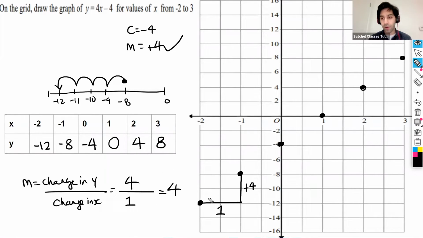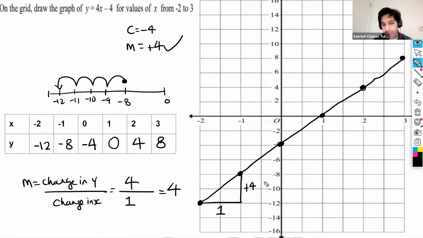So this graph, if I was to then draw a straight line with a ruler, please make sure you use a ruler to join your coordinates. I've done it freehand, but in an exam, it's imperative that you use a ruler. Then we join up the coordinates, and this is the graph of our straight line.